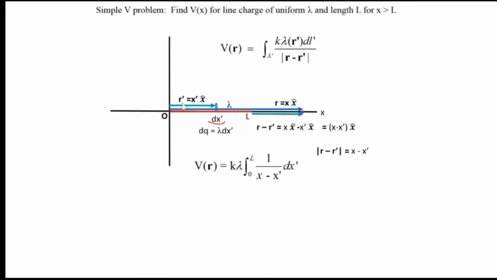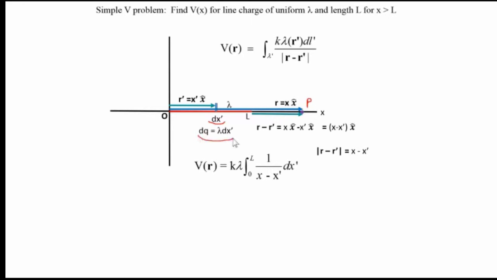The vector that defines the position of dx prime is the vector x prime times x hat, and that's what we call r prime in this equation right here. The vector r is the vector, this blue vector, that goes all the way from the origin to the point P, which is at the position x. The r vector is equal to x times x hat.